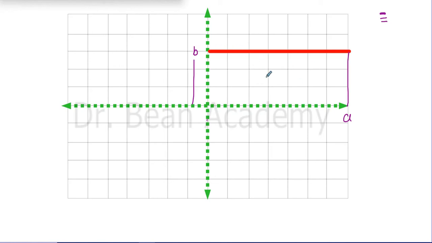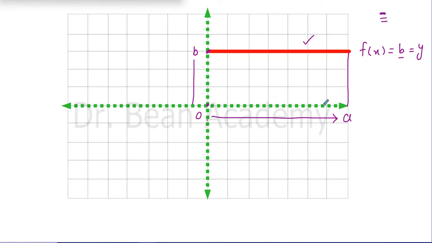And placing this horizontal line in this Cartesian plane will help us to find the equation or the function of this line, and that function is f of x equals b, or I can also write it like y equals b, because you see it is at point b. This is of course the origin, so it should be from 0 to b, and this one is 0 to a.